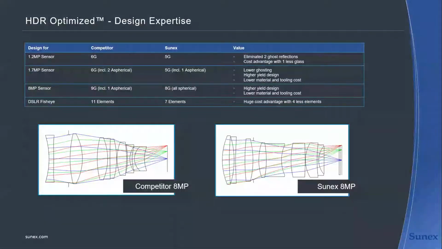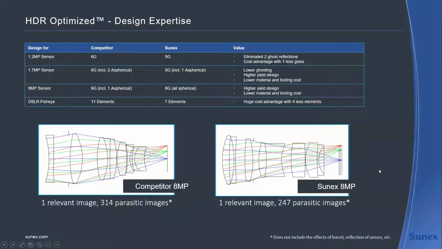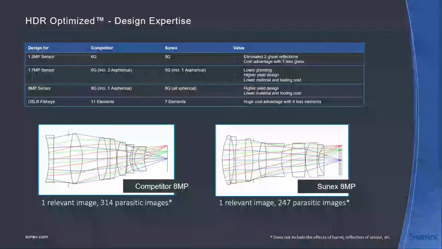And you see a couple of examples here. If we're not taking effects in off-barrel material or spacer material into account, just simply reducing the number of elements by one inside an optical stack can heavily reduce the number of parasitic images you have to deal with, and eventually have to optimize for, right? We're currently seeing here the comparison between a lens on the left side with 9 and on the right side with 8 elements.